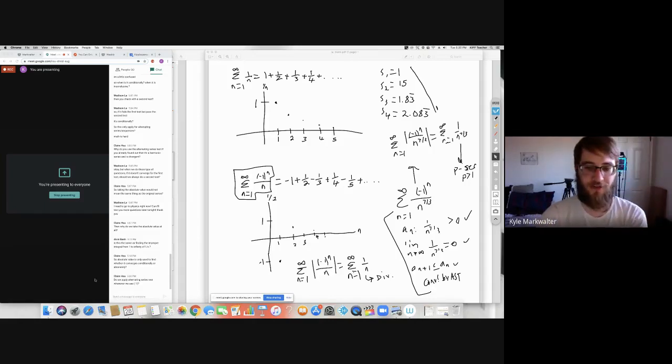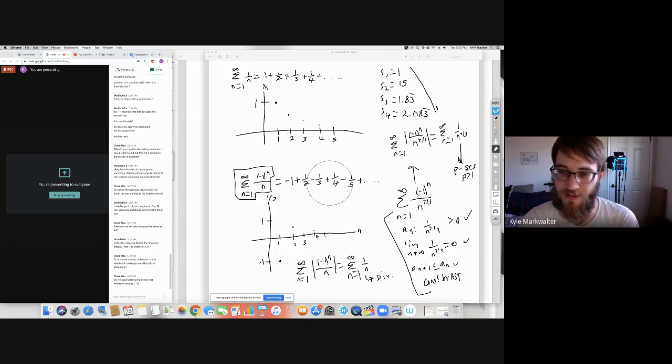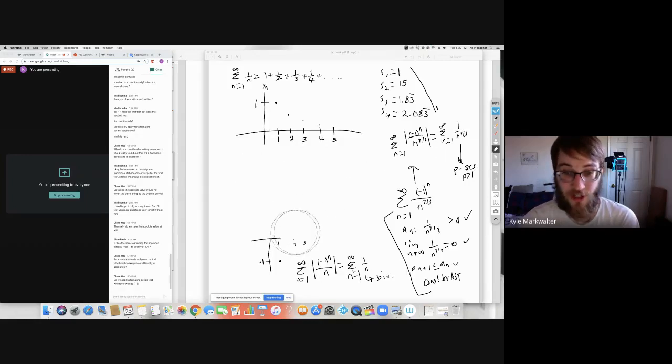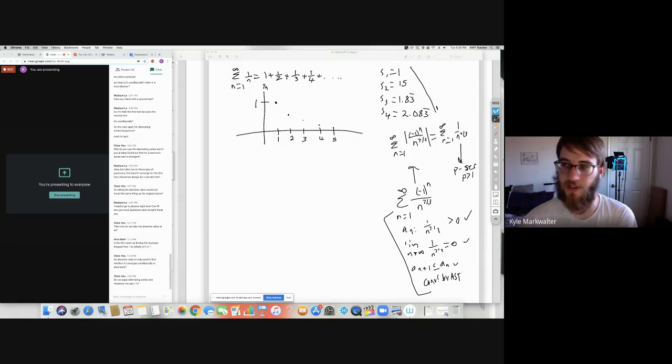I don't like giving hard and fast rules. At this point in math, we've got to stop thinking in those hard and fast rules, like whenever we see a blank. As you get more comfortable with it, you'll start being able to tell when certain tools are going to be more useful. For example, I can give you a series that is alternating, but is not super convenient to do the alternating series test with.